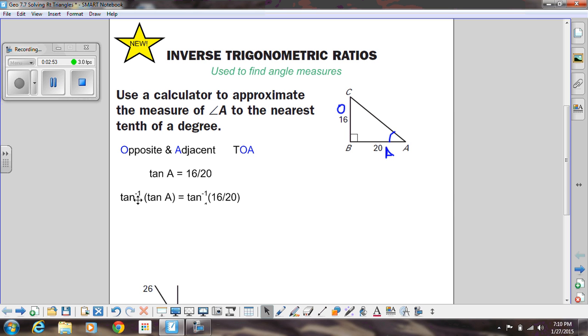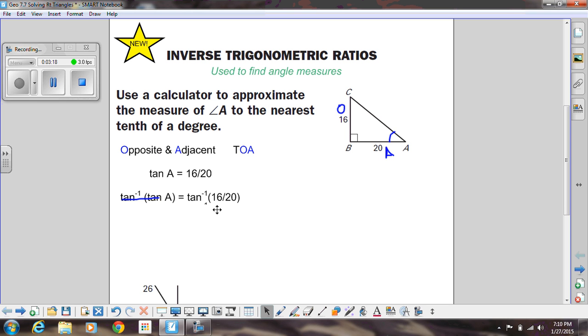So if I do inverse tangent on both sides of the equation, then the tangent and the inverse tangent are going to cancel each other out. And that's what we want. We want to get A all by itself. Now over here I have the inverse tangent of this fraction. And all we have to do with that is type that into your calculator. If you look at your calculators, there should be a button that says inverse tangent.